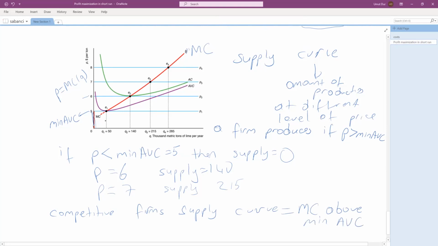Yani burada ne demek istiyorum? Şuradan ötesi size supply curve'ünü veriyor. Tabii ki şu kısmı da dahil. Hani bu tek bir individual. Okay.